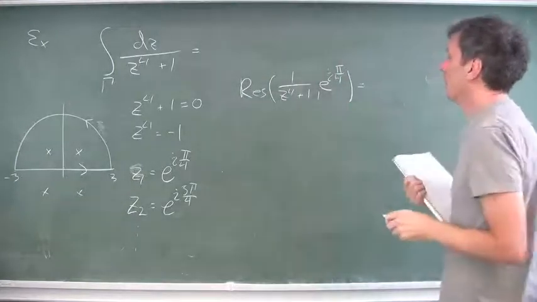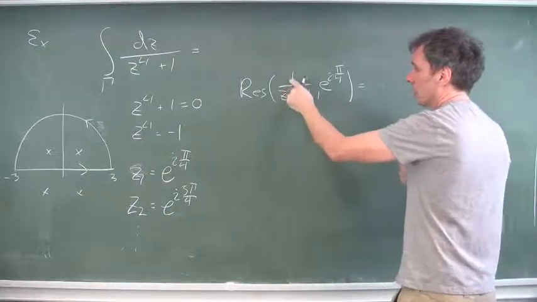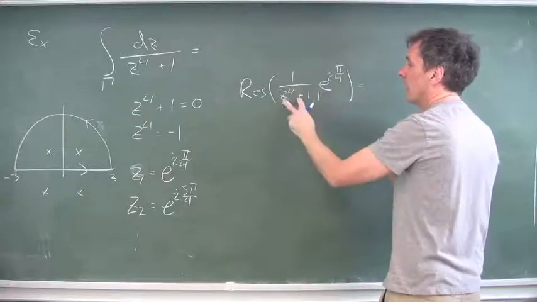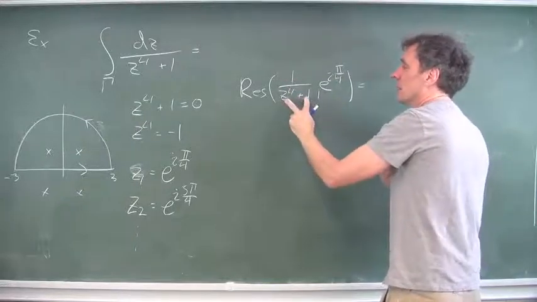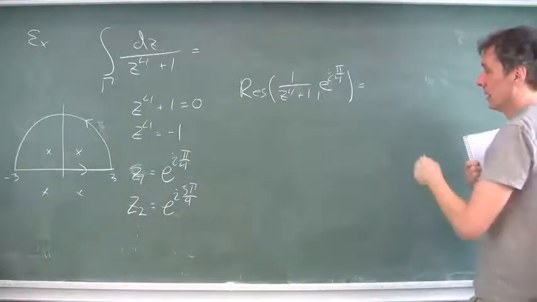Well, we have the formula telling us that if we regard this as a quotient, then we should evaluate the numerator at this point and the derivative of the denominator at the same point.